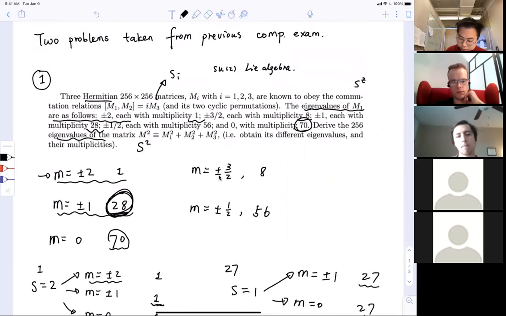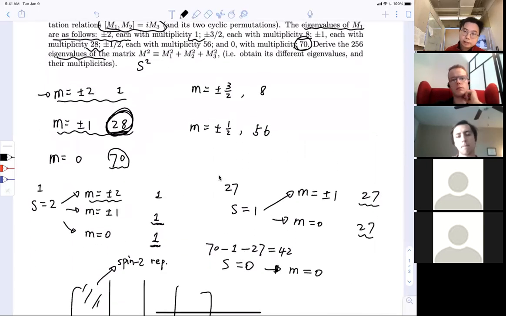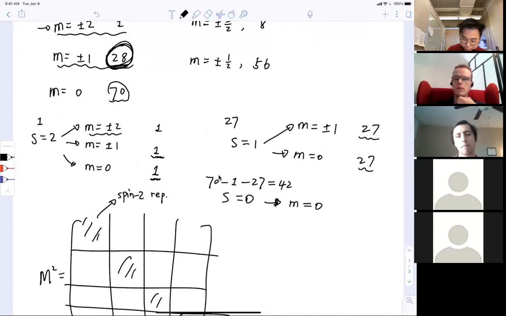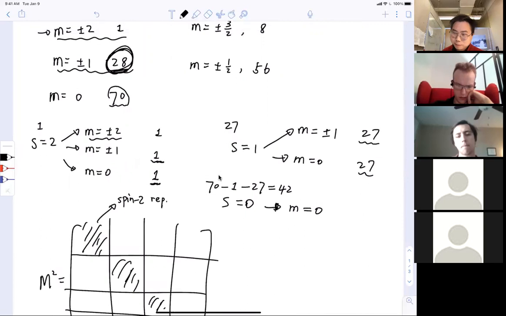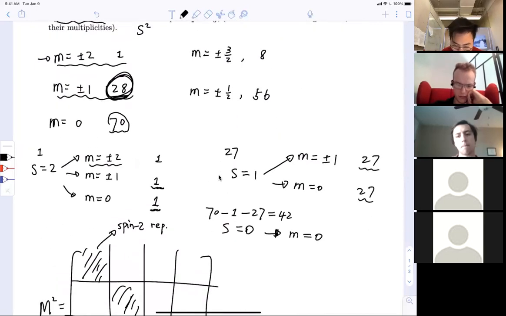All this analysis depends on this commutator. This is the SU(2) algebra. Okay, yeah, that makes sense. It helps you somehow to understand these different spins, the direct sum of these different representations, stuff like that. It's quite a fun comprehensive exam problem.